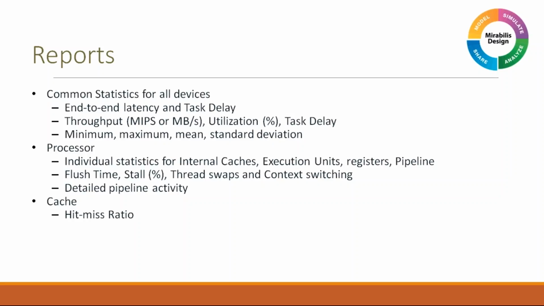With regards to a processor, we provide statistics for the internal cache and registers, execution units, and pipeline activities. We also provide details on how much time the processor is stalled, what the flush time is, how many times thread swaps occurred, the context switching times, and things like that as well. And you can generate custom reports if you're looking for those as well.